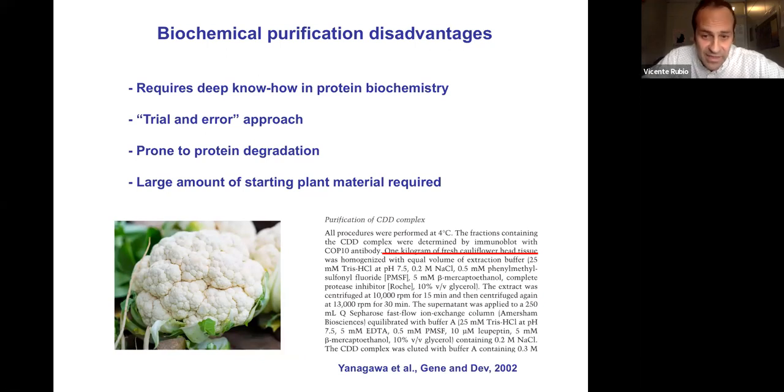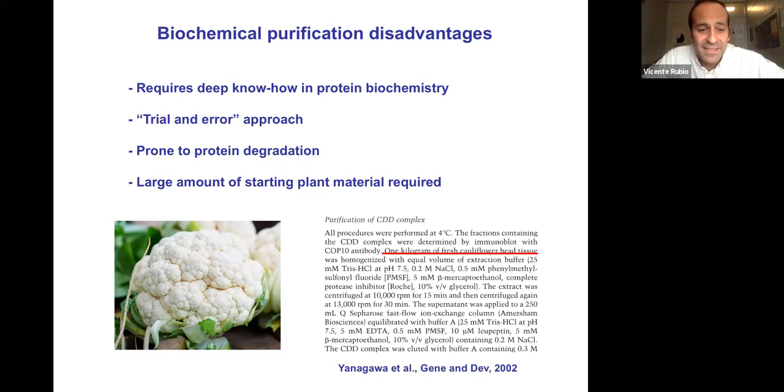And indeed, Yuki purified this protein complex using 1 kilogram of fresh cauliflower. Actually, she was using the outer layers of cauliflower, so you can imagine the smell that was in the lab at that time.